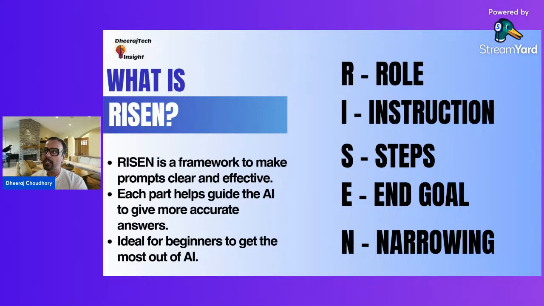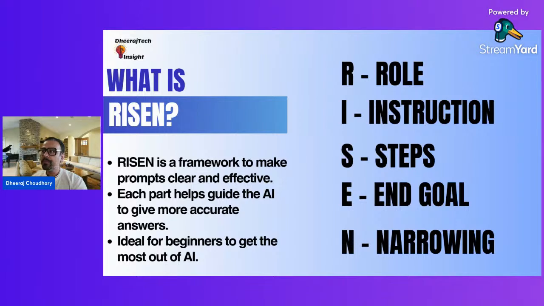Then steps. As part of the explanation, we will provide the steps that the teacher has to follow, and what should be the end goal. If I am telling it to explain machine learning, what is the end goal? Is it deep learning? Is it neural networks? Or is it just the basics or the data cleaning part? So as an end goal we are providing the destination till where you have to reach.